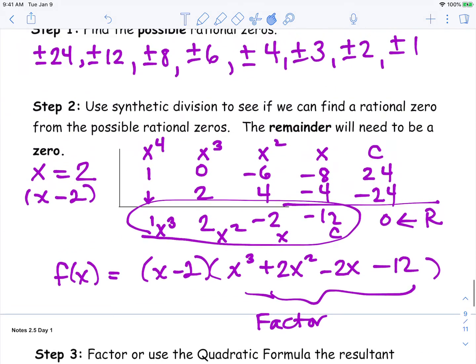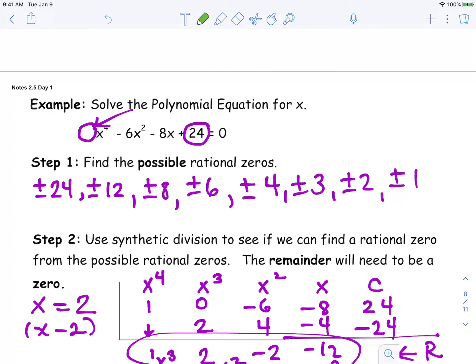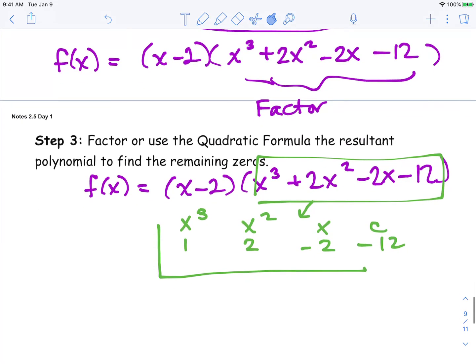Now you can go back up to your list and factor, again, one of those possible zeros. And that's trial and error. Well, I'm going to try x equals 2 again. So I'm going to bring down the 1, multiply it to 2, add it, multiply it to 2, add it, multiply it to 2, add it.